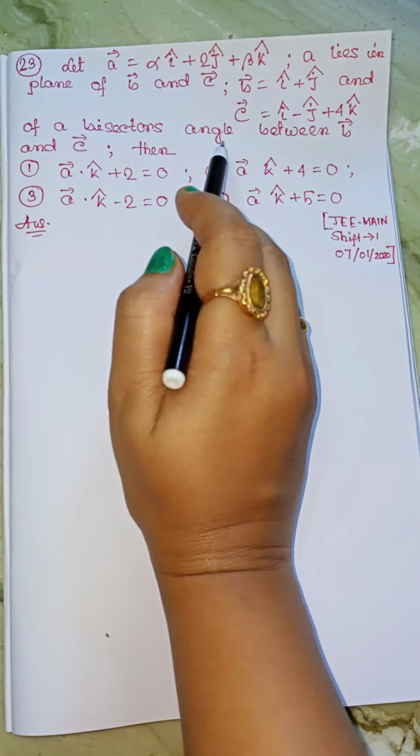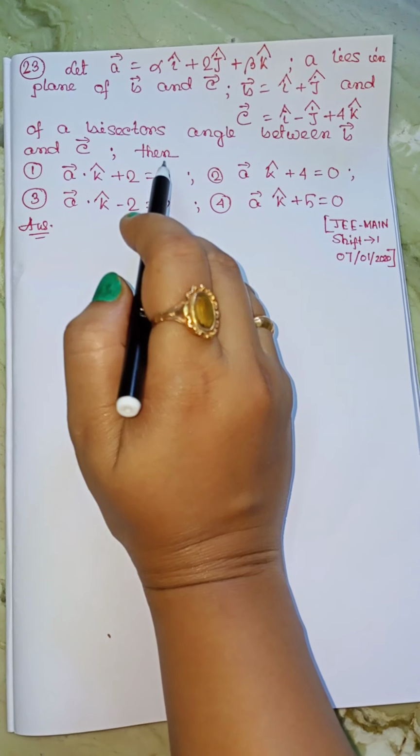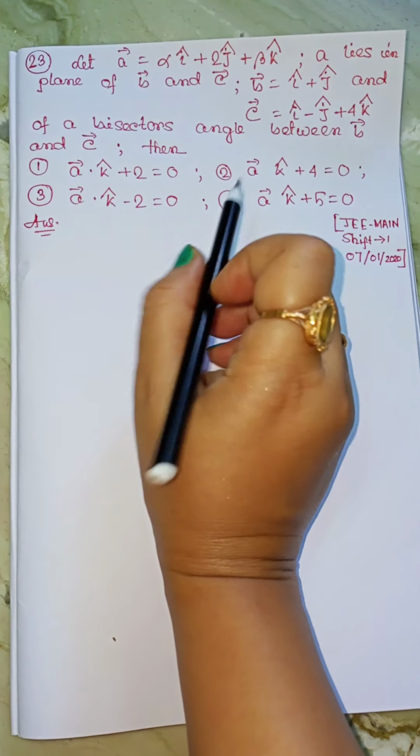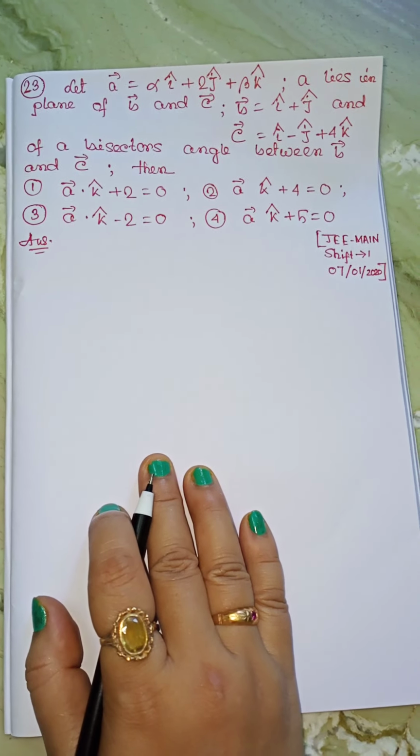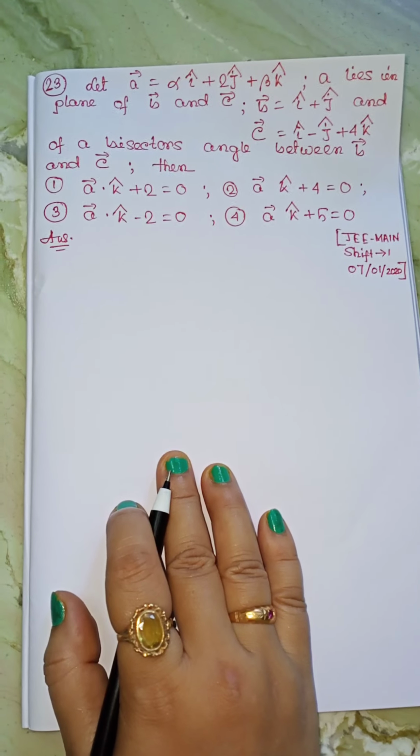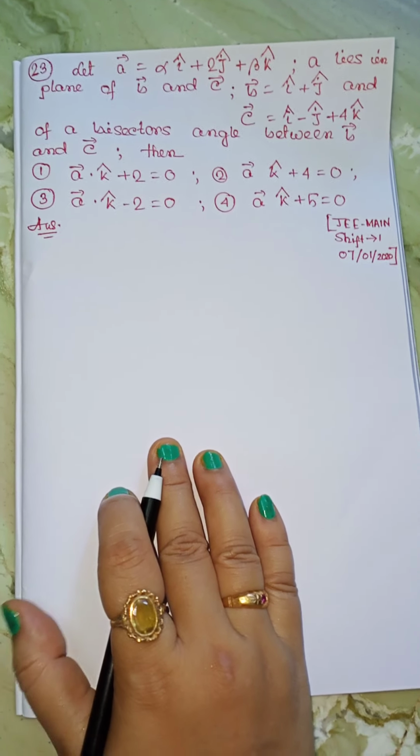A is a bisector of the angle between B and C, then four options are given. This is the problem on vectors and bisectors.